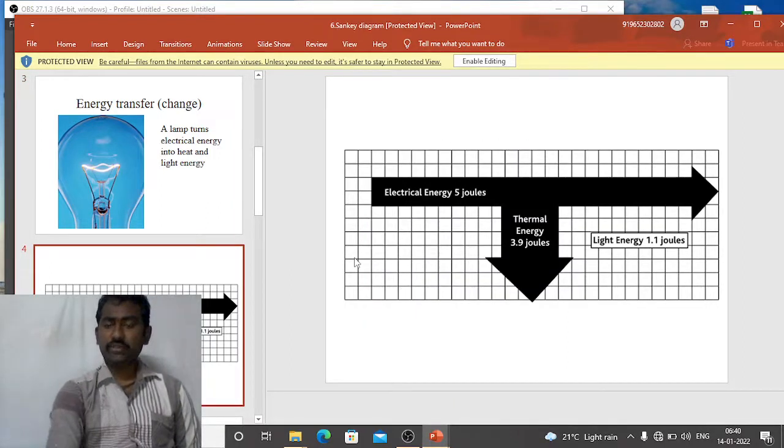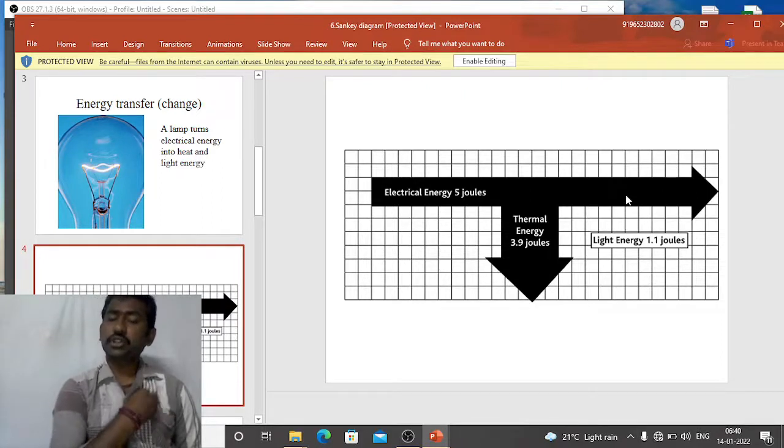So here we have electrical energy of 5 joules. These 5 joules are used for lighting up one light. Of those 5 joules, 3.9 joules will be used as thermal energy, and 1.1 joules as light energy.